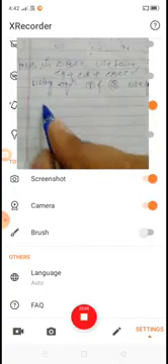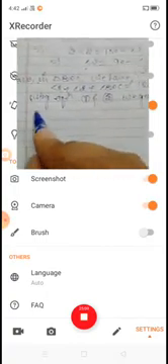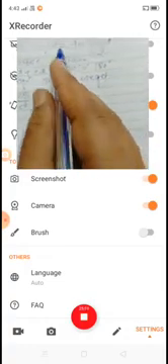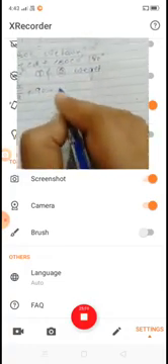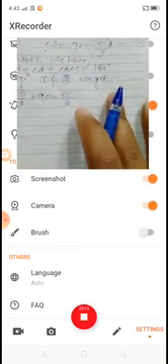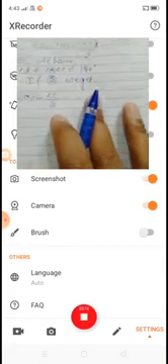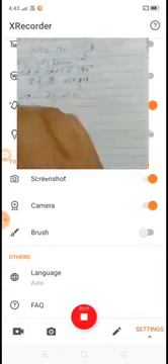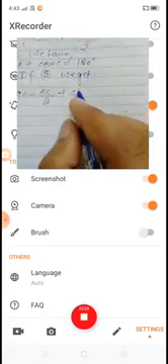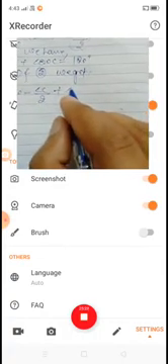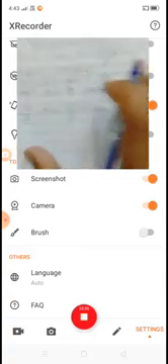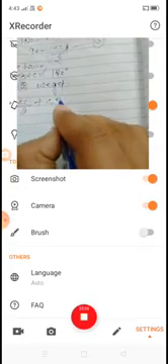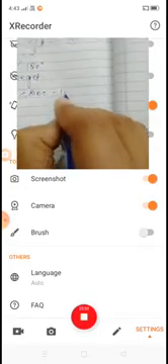So here we put angle 1 is equal to 90 minus angle B by 2, and angle 2 is equal to 90 minus angle C by 2, plus angle BOC is equal to 180.